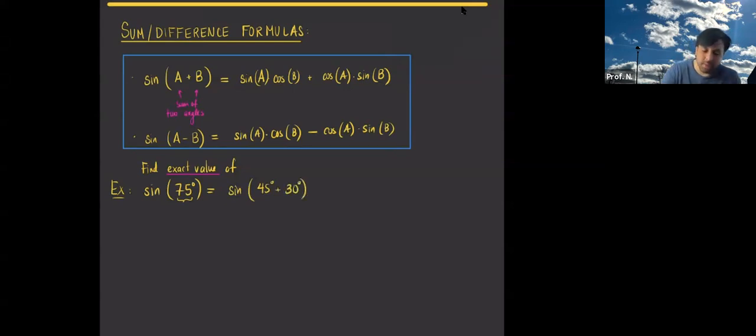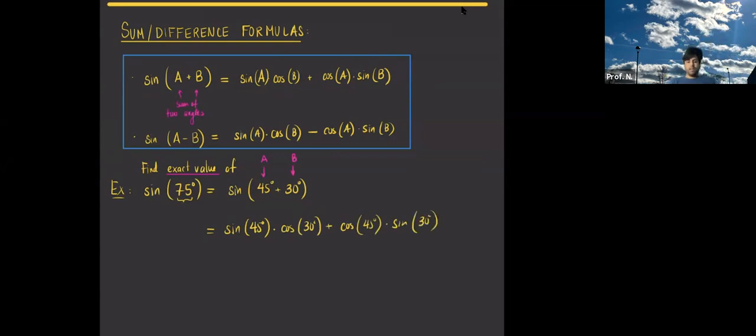And then this becomes my A, and this becomes my B value. And then I have a sum formula. I'm using the sum formula for sine because I have a sum of angles. And then what does the formula show me? Sine of 45 degrees times cosine of 30 degrees, plus cosine of 45 degrees times sine of 30 degrees. So that's my formula.